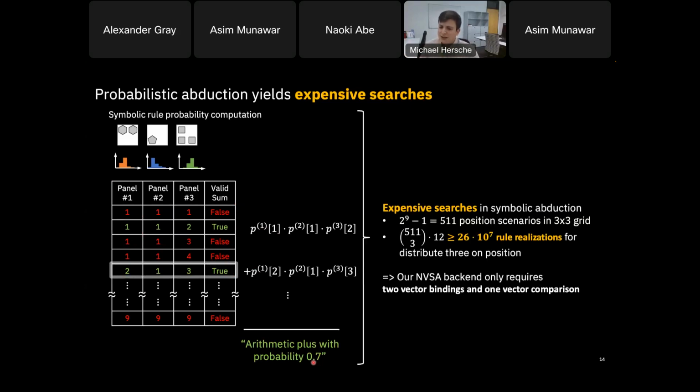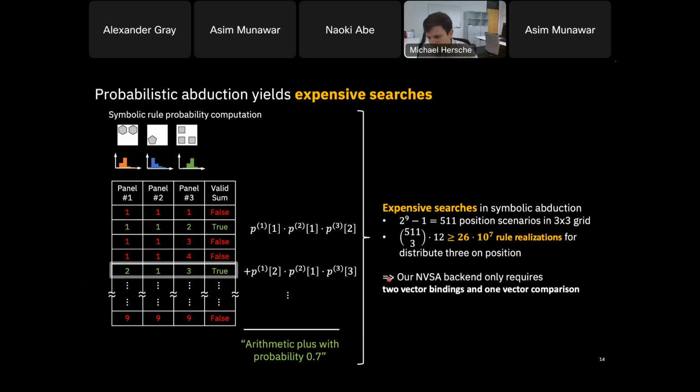This can end up with quite expensive searches, mostly in cases where we have large PMF spaces. In this case, we have a PMF space which has arity 10, but some of them have up to 511 dimensions. And then overall, we need to search over more than 200 million rule realizations in some of the cases, like a distribute three on the position and constellation.